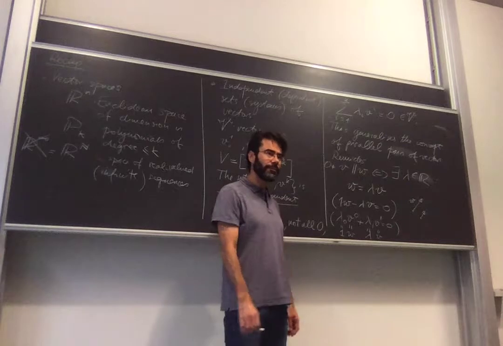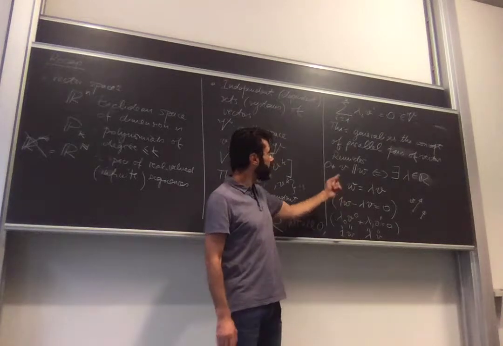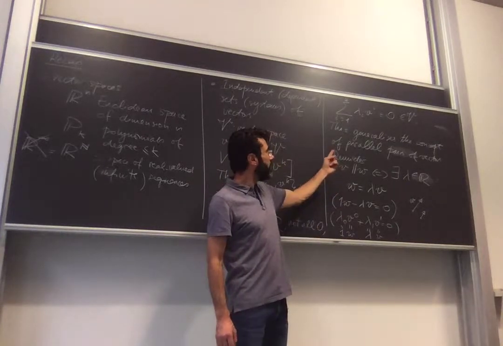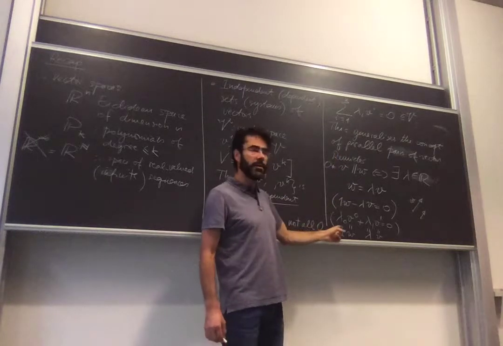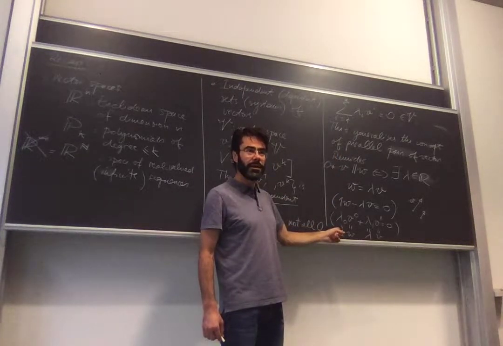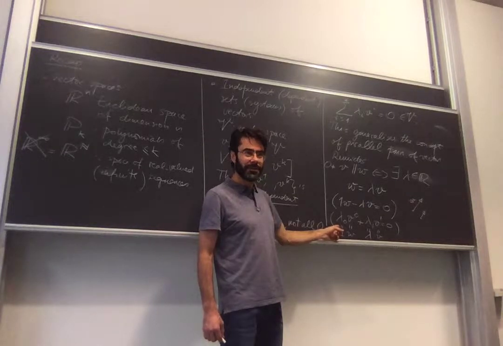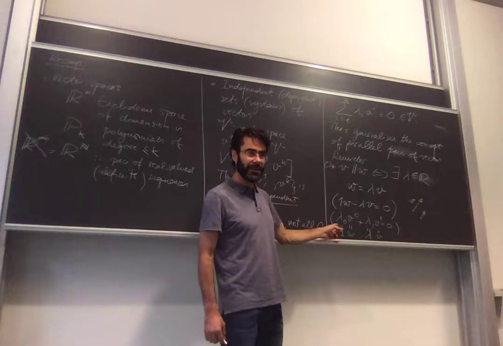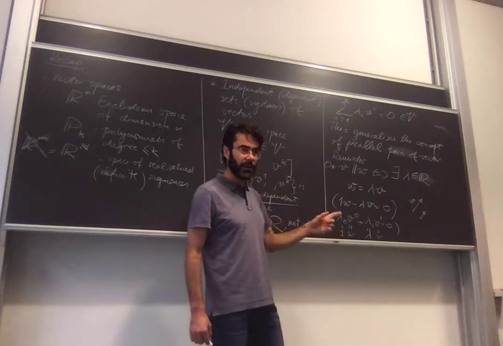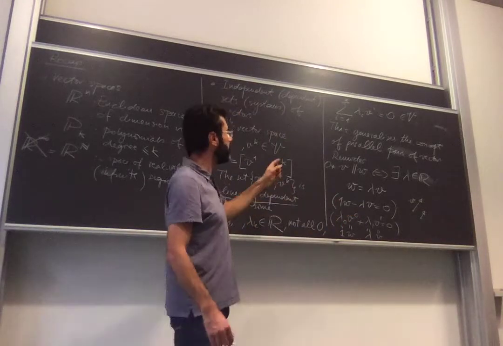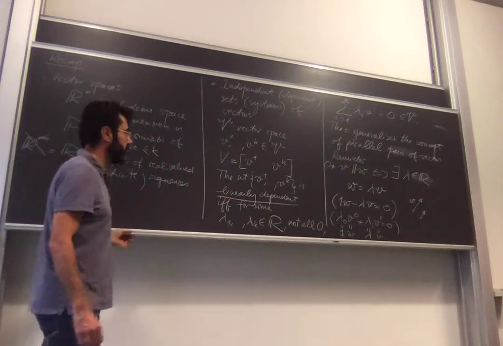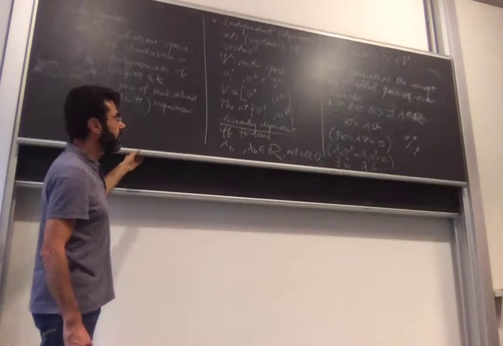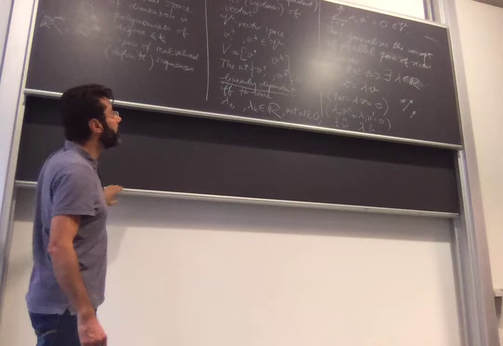So you see, saying that two vectors are parallel means that they must be linearly dependent. So that's basically when you have two vectors. The notion of linear dependence is a generalization of parallelism.